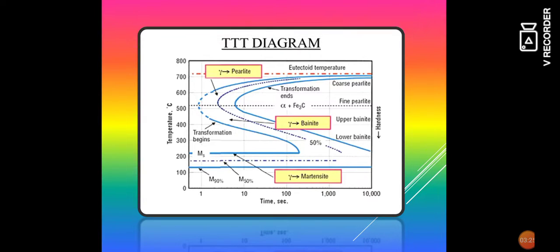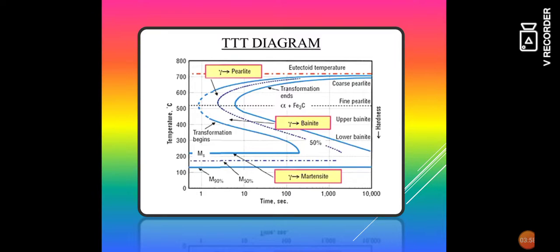In general, there are two important phases for the eutectoid alloy. The first one is the austenite phase, which usually occurs at high temperature, and the other is the martensite phase, which usually occurs at low temperature. So in this TTT diagram, the austenite is slowly transformed into another phase called pearlite.